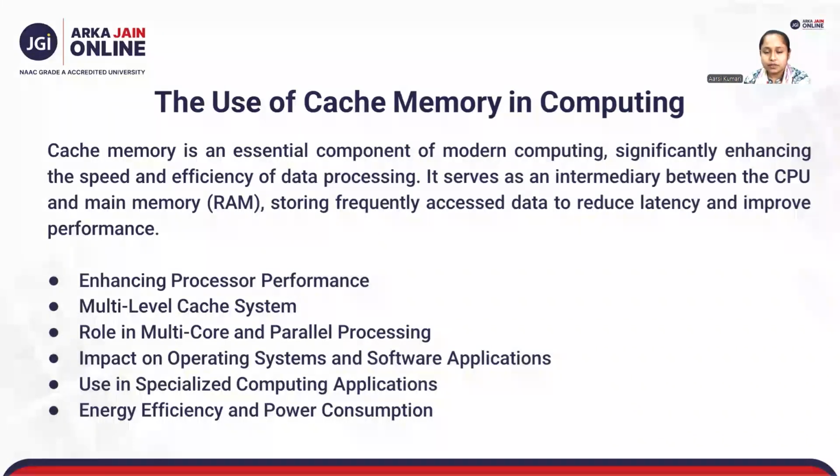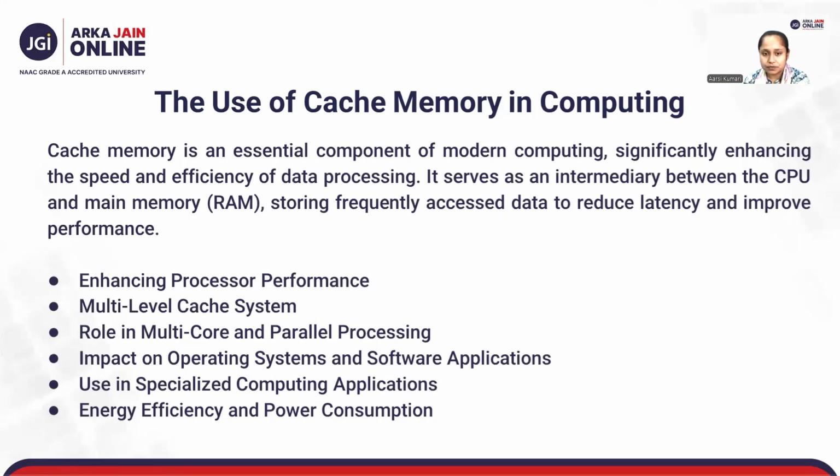Instruction caching: modern processors utilize instruction cache to store frequently executed instructions, improving execution speed. Data caching: frequently used data is stored in data cache, reducing delays in fetching operands from RAM. Branch prediction and prefetching: advanced CPUs use cache memory to predict and prefetch data and instructions, further optimizing performance.